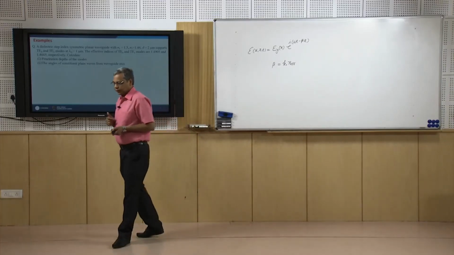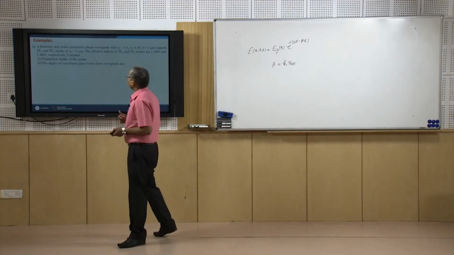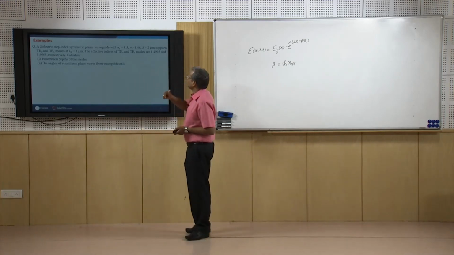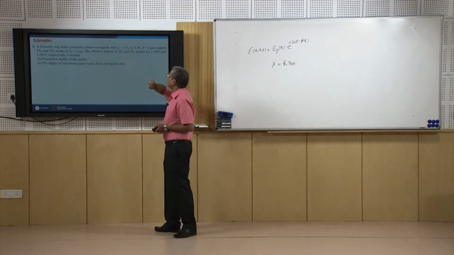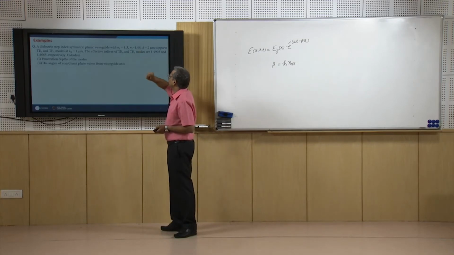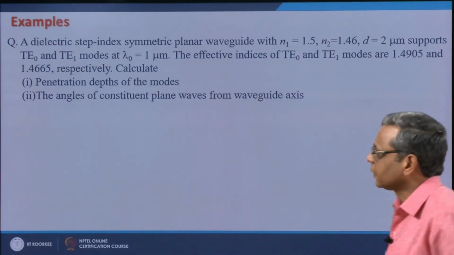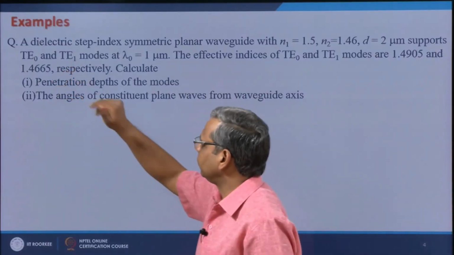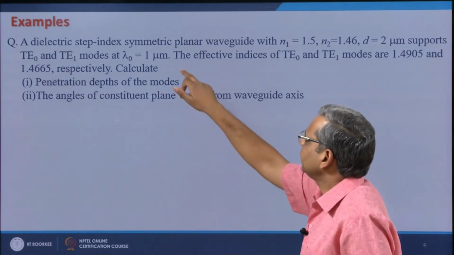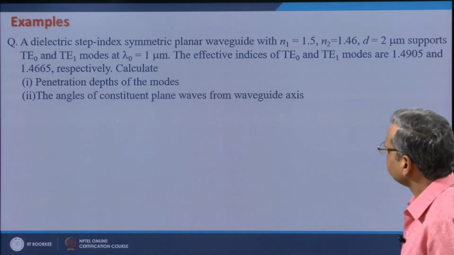Let us work out some examples. Let me consider a waveguide with N1 equal to 1.5, N2 equal to 1.46, D equal to 2 micrometer, and it supports two modes, TE0 and TE1, at lambda equal to 1 micrometer.